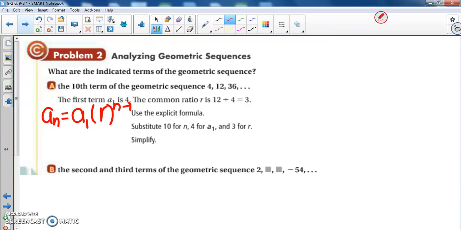Substitute 10 in for n, 4 for a sub 1, and 3 for r. So 4 times 3 to the 9th power. Simplify.